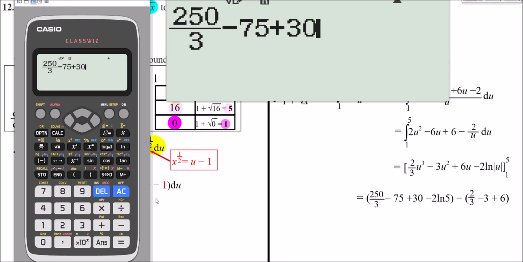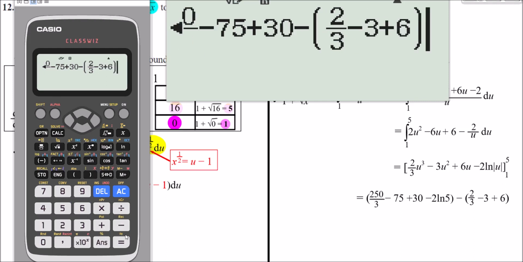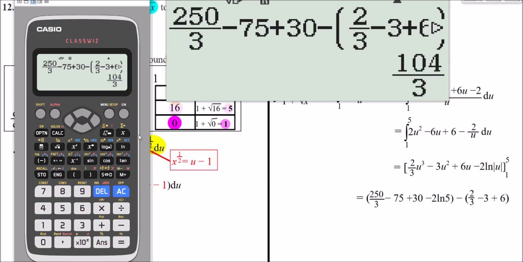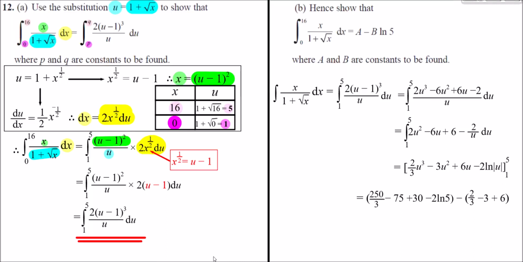Then I'm minusing off, in brackets, all of 2/3 minus 3 plus 6. So I get 104 over 3. So therefore my final answer in this form is 104 over 3 minus 2 ln 5.